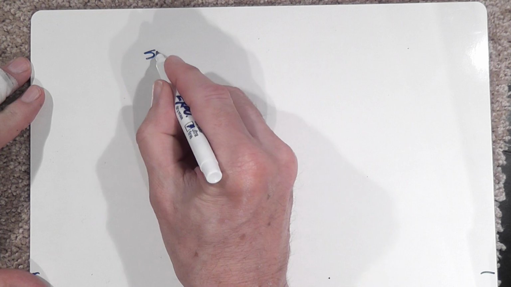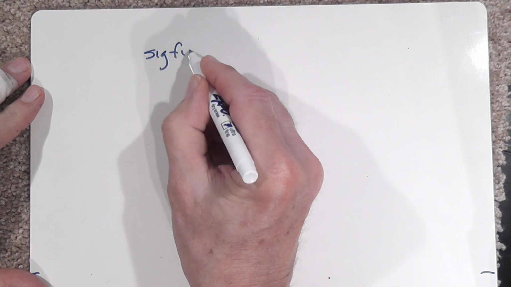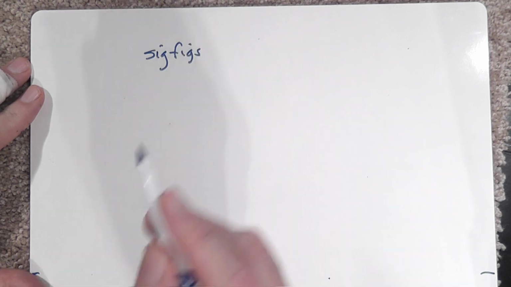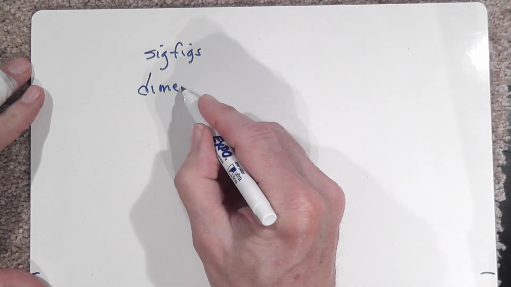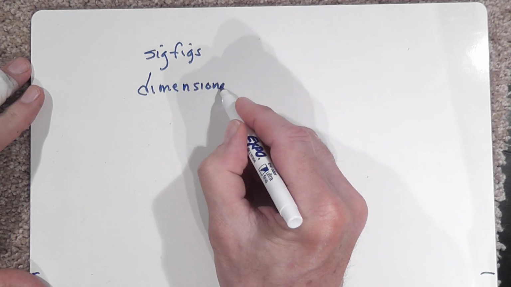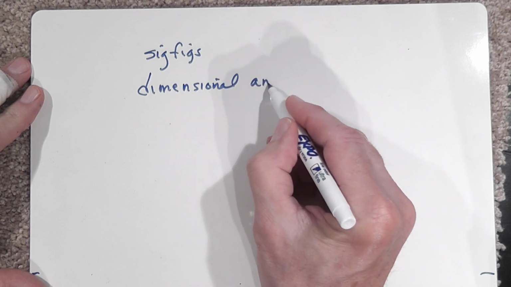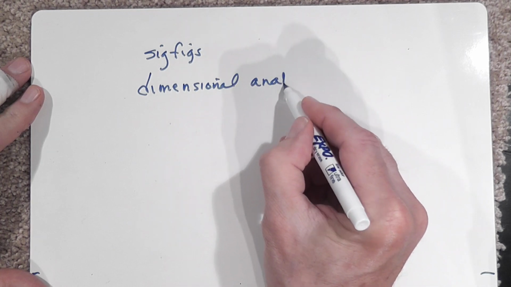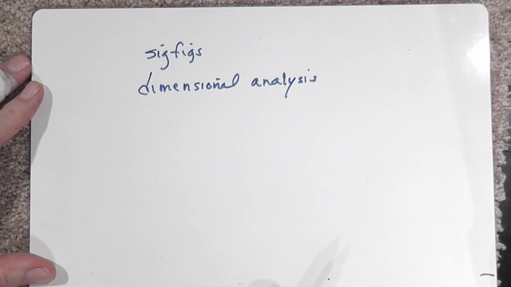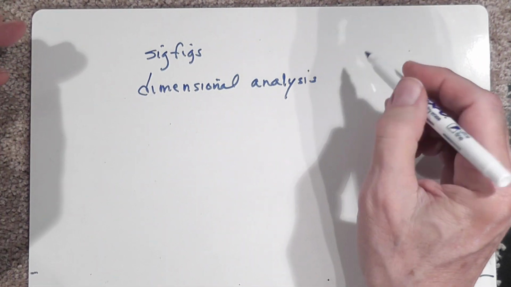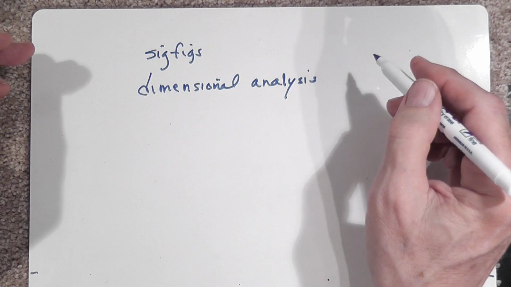On chapter 1, there's not a whole lot. One thing is sig figs we covered, and dimensional analysis. So these are probably the ones that you'd want to go back and take a look at, redo.